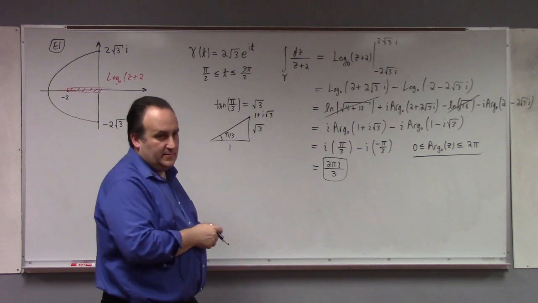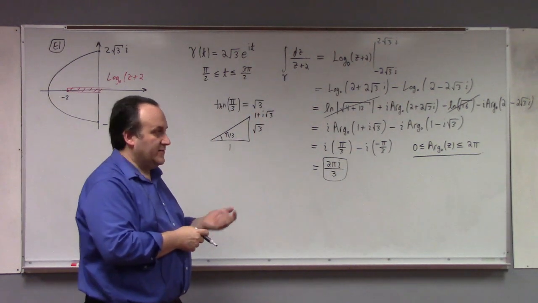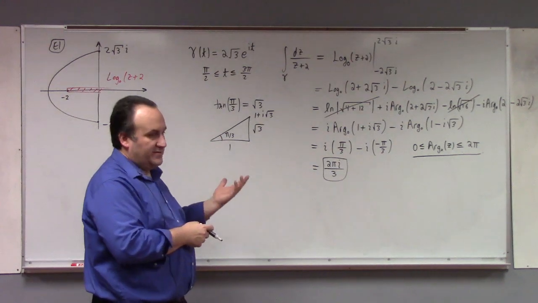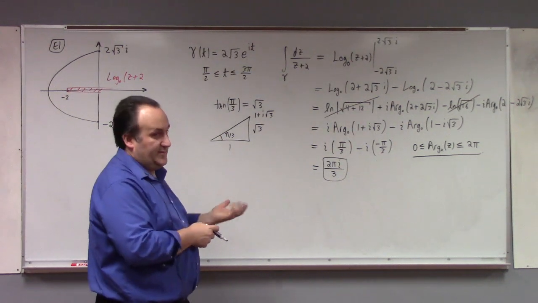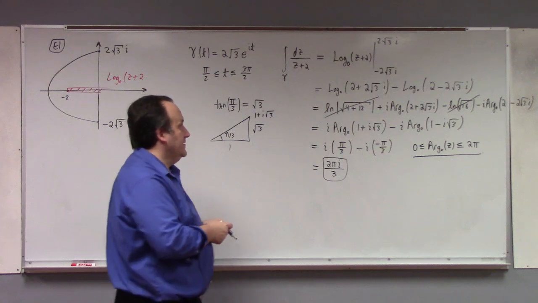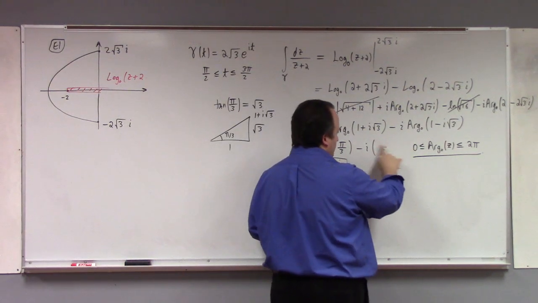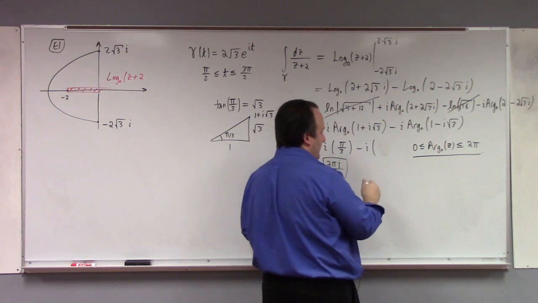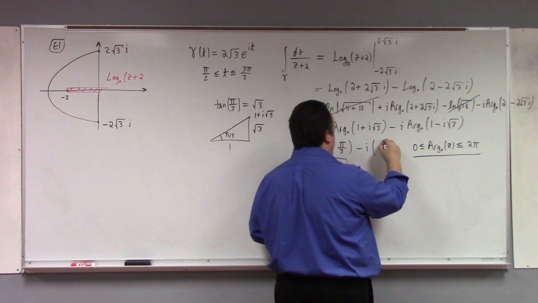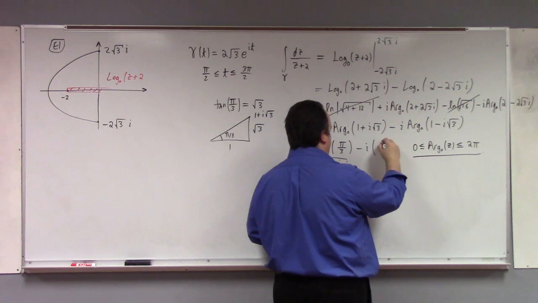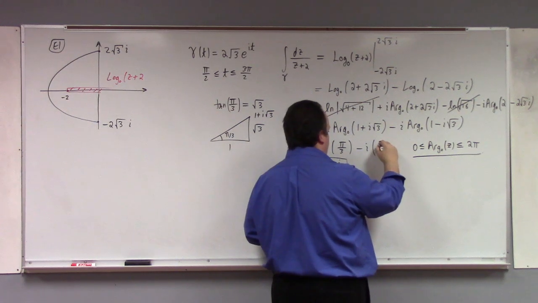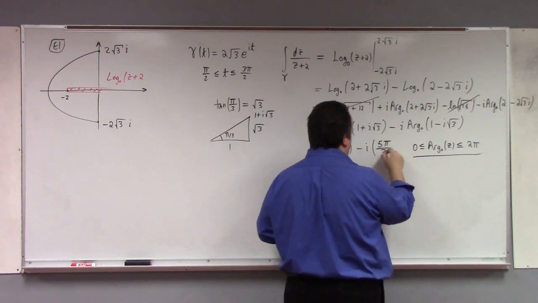By definition, arg sub 0 takes an angle between 0 and 2 pi. Minus pi over 3 would be the principal argument of that, but that's the wrong one. So this is not right. What should I have here instead? Yeah, 5 pi over 3.